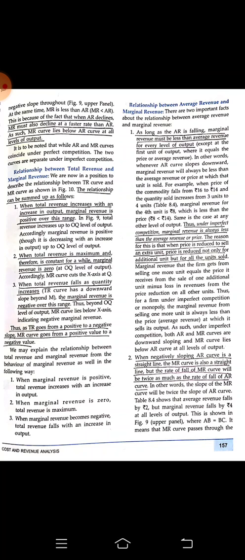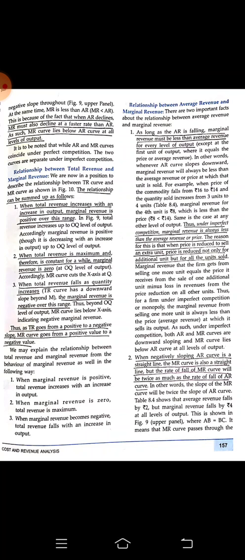Okay. Next, what is the relationship between average revenue and marginal revenue? As long as AR is falling, marginal revenue must be less than average revenue for every level of output.